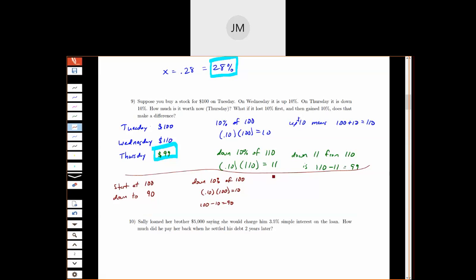Now we go up 10% of 90. 10% of 90 is 0.10 times 90, which is 9. So if I go 90 and add 9, I get 99. So it does not make a difference.